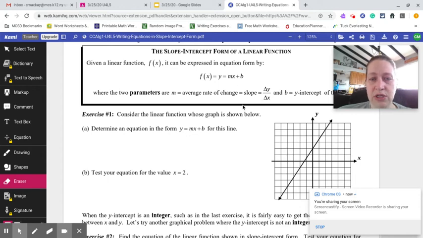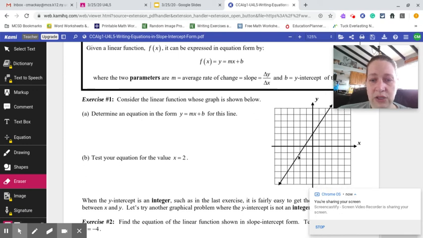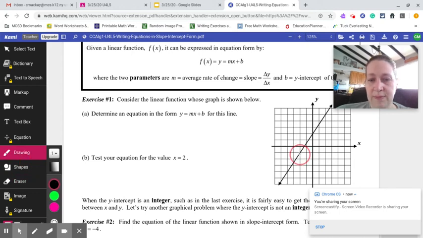Okay, so the first thing we're going to do is figure out the slope of the line. To do that, we're going to pick 2 points. So I'm going to go ahead and pick this point, and then this one. The coordinates of that point are 2, -1, and my other point is 0, 2.